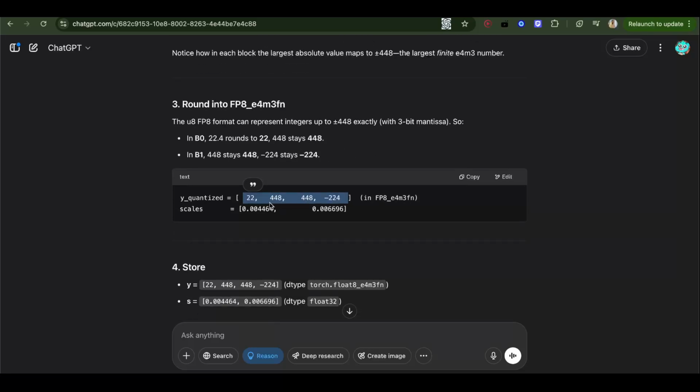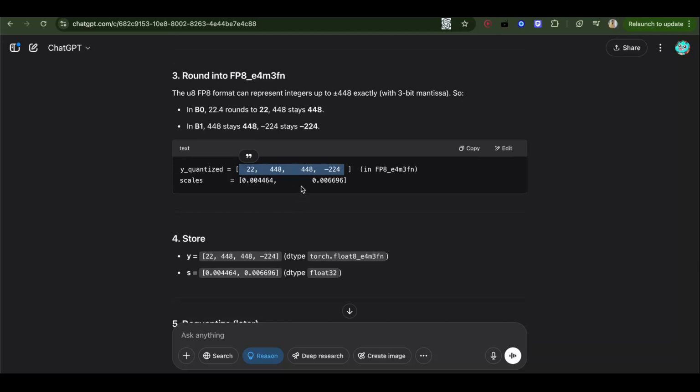So we get the quantized vector, and then we get the scale. We need these scales to later, after the matrix multiplication, convert these quantized numbers from FP8 to FP16 or FP32, whatever we need. So basically we will use these numbers to do the matrix multiplication, which will be a lot, 2 times, faster in FP8, and then go back to FP16 after.